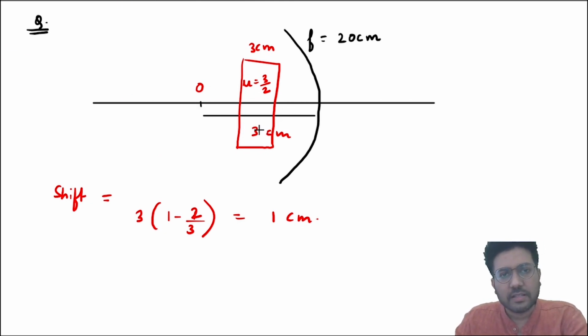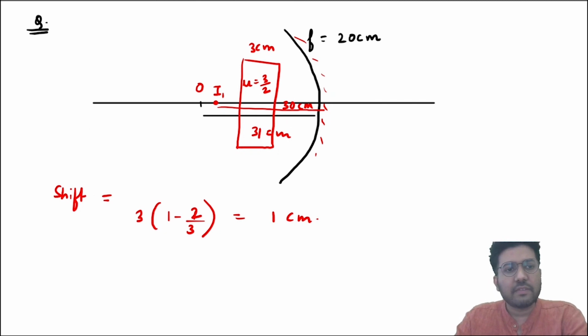Now the shift is positive, that means it will be in the direction of the incident ray, right? So the incident ray is moving like this, so the shift will be 1 centimeter. So the first image will be here, shifted by 1 centimeter, and this is 30 centimeter, right?